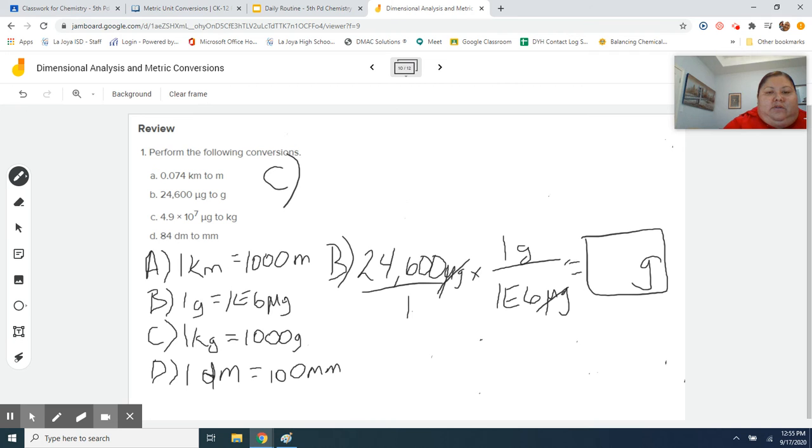For letter C, we have 4.9 e to the 7 micrograms over 1. All right, I need to cancel micrograms. Who can I call on?